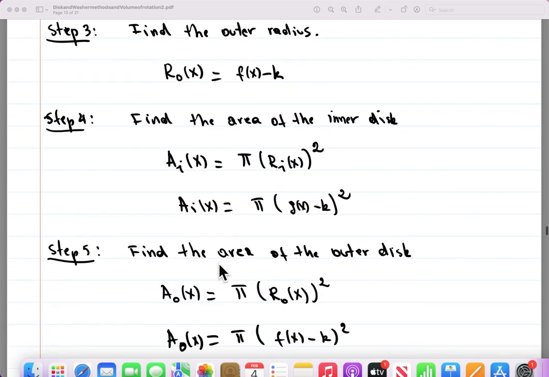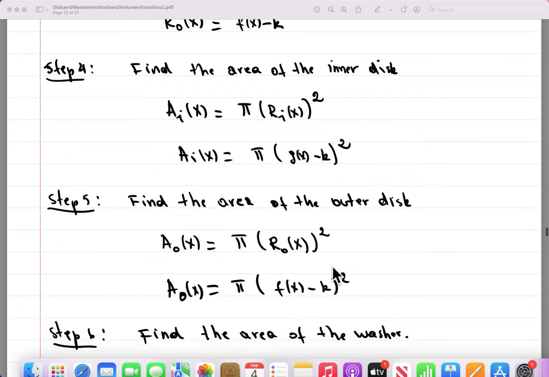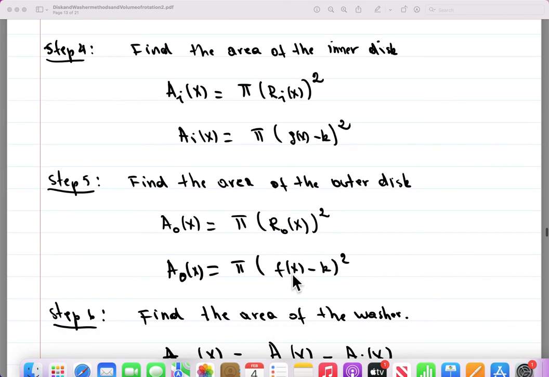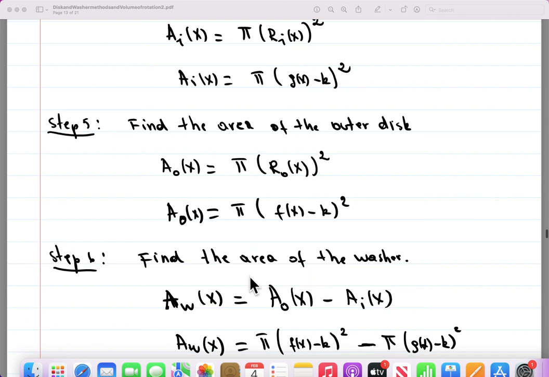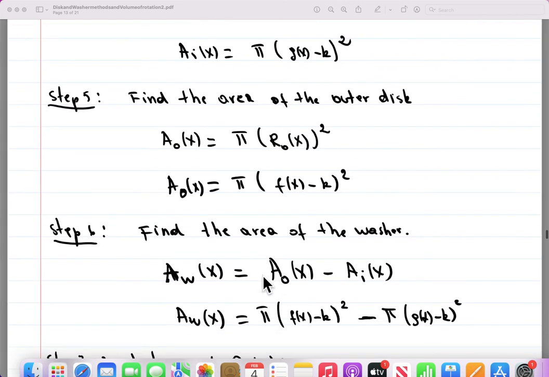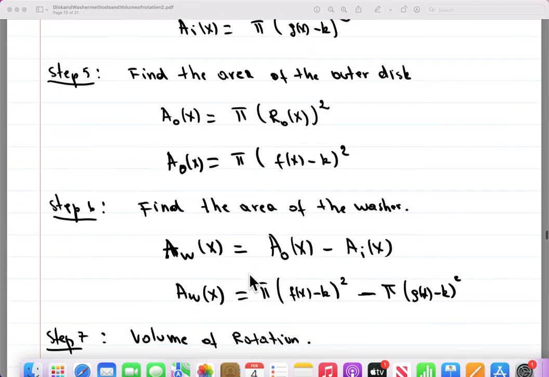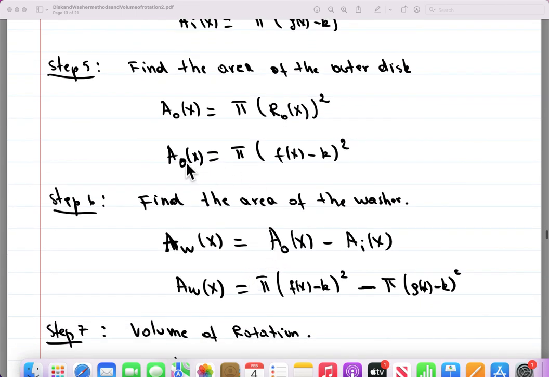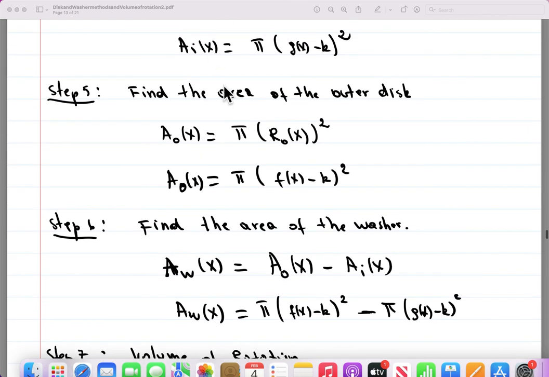And then we find the area of the outer disk, which is pi times r sub o of x squared, and r sub o of x, we know, is f of x minus k. So now, step 6, to find the area of the washer, we take the outer area minus the inner area.